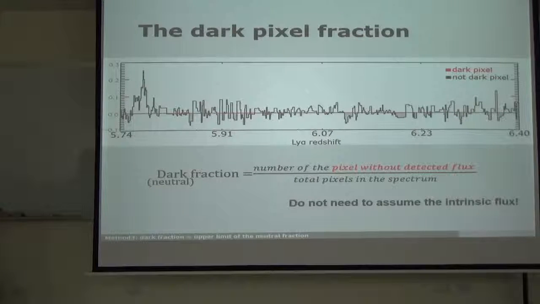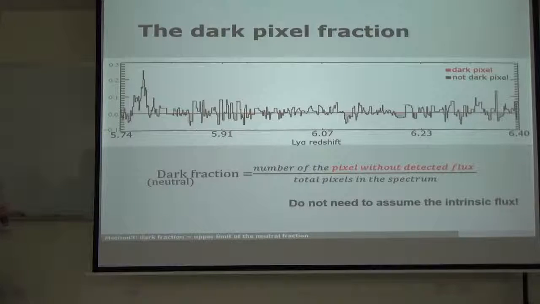Then we simply count how many dark pixels are in a redshift bin as a neutral fraction. Although from this method we can only provide an upper limit of the neutral fraction, I think it is still a promising way because it can be extended to higher redshift. And the most important thing is that we do not need to assume any intrinsic flux.